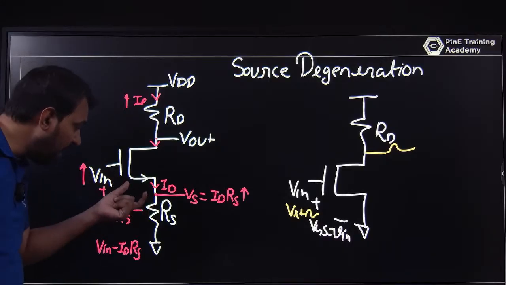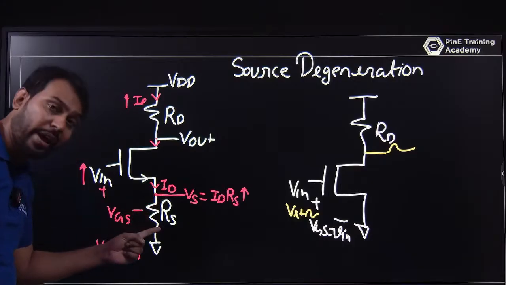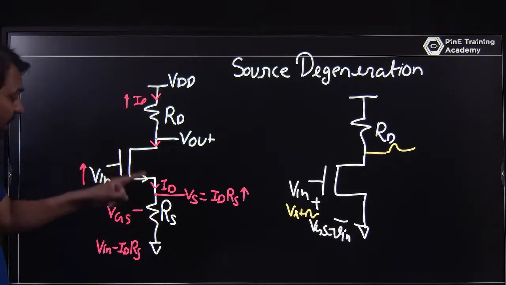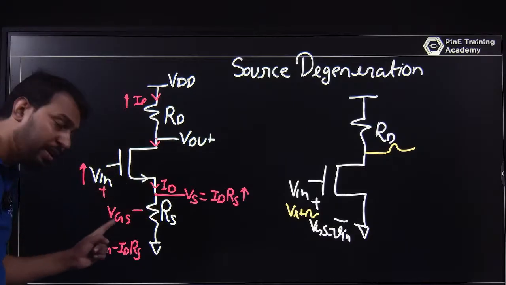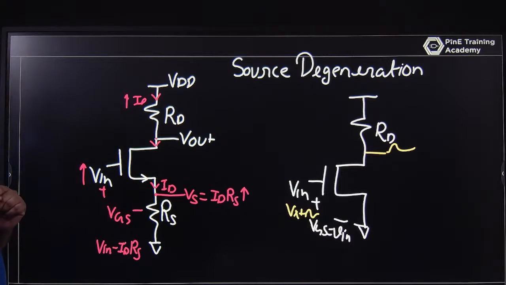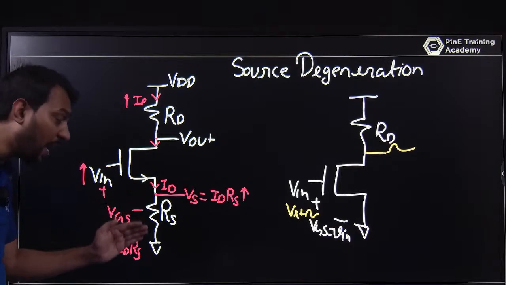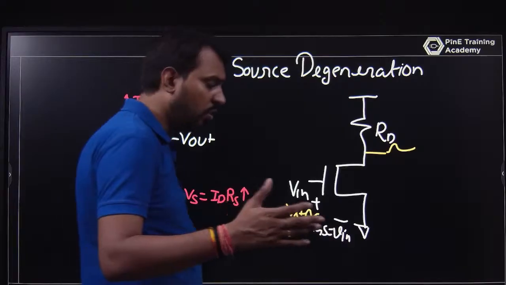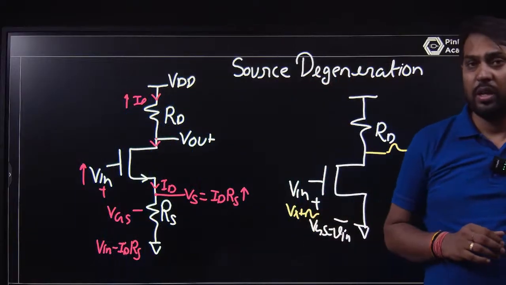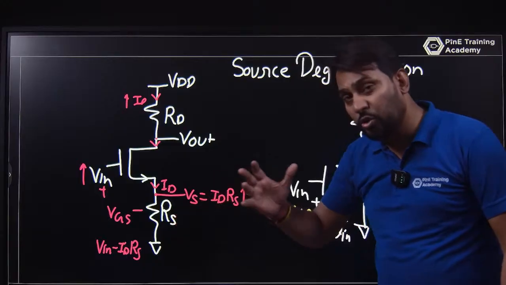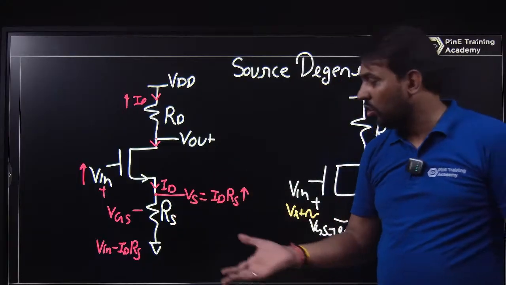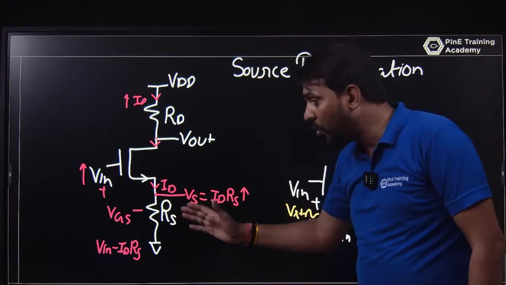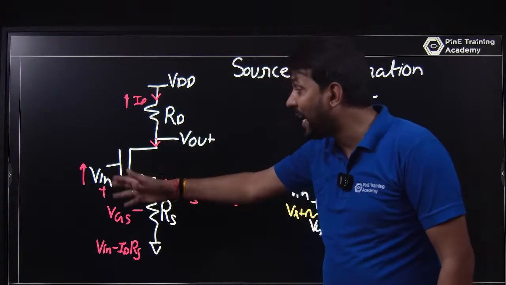The current will increase here also, and the VGS will compensate this current and keep it at the same current. It behaves like a negative feedback. That's why it is called source degeneration. This is useful in a differential amplifier also. Whenever you require negative feedback, you can use this RS. This RS will help so that the input will not directly affect your circuit.